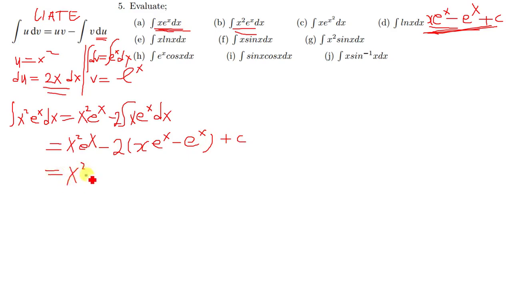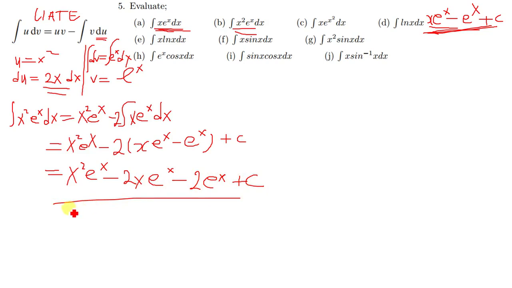We have x squared e to the power x minus 2x e to the power x minus 2e to the power x plus c. So this is the solution for this question here.